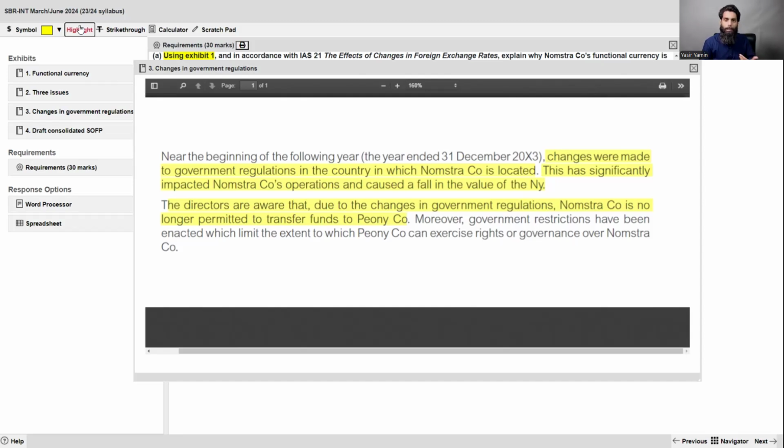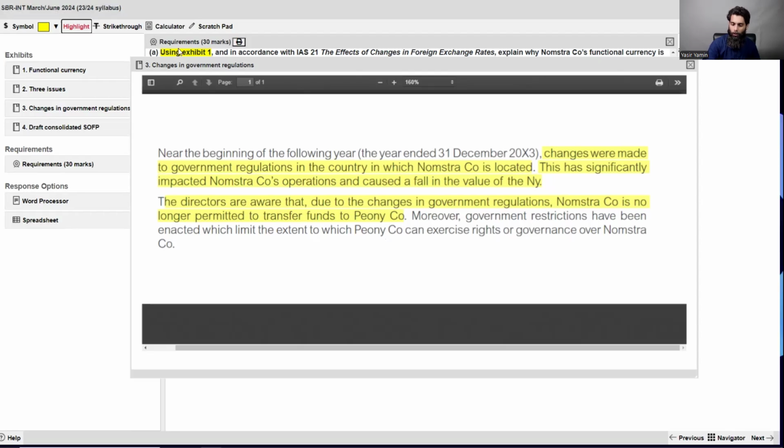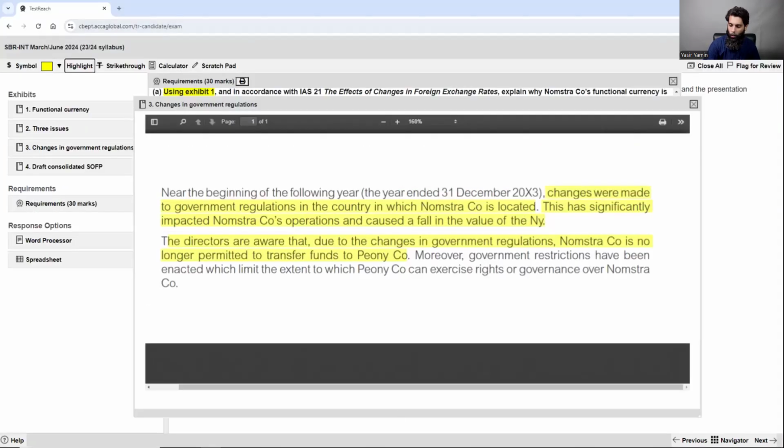Now, there has been a government change, there has been a regulation change, and the government for the time being, maybe, has barred repatriating any dividends from that country. Does that mean that you have lost control over Nomstra company? I want an answer from you guys and be very specific about it.